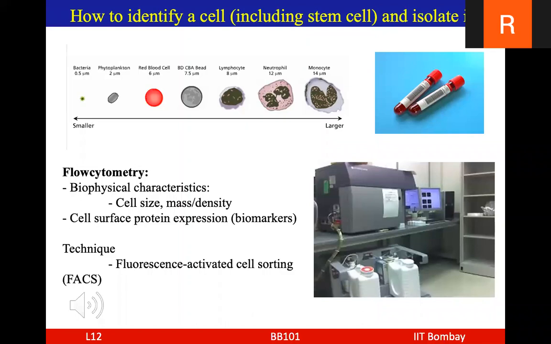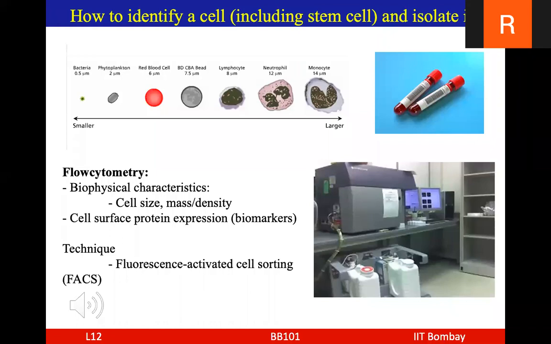One of the techniques is called flow cytometry. What is flow cytometry? It analyzes a cell's biophysical characteristics, and it also identifies the cell based on the expression of proteins on the cell surface.